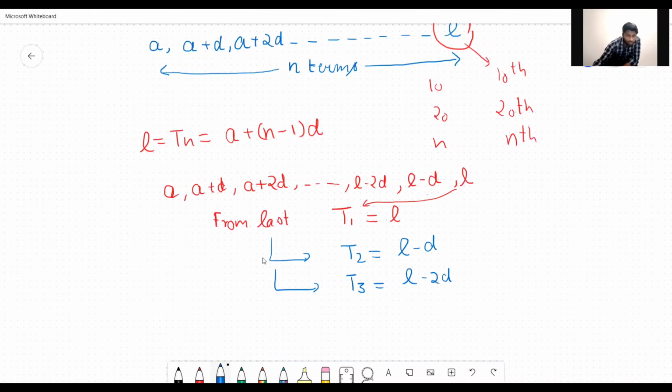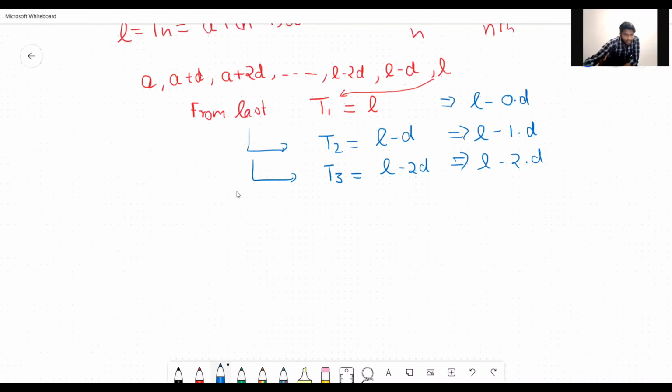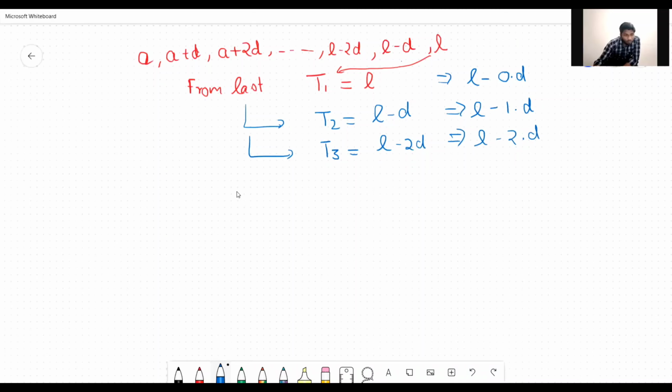See, what is this? This is L minus 0 into D. It is L minus 1 into D. It is L minus 2 into D. So if I ask you to write the seventh term of this AP from last, what will you write?